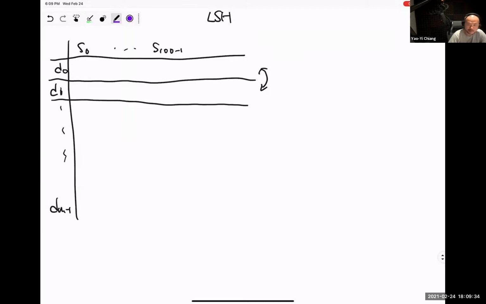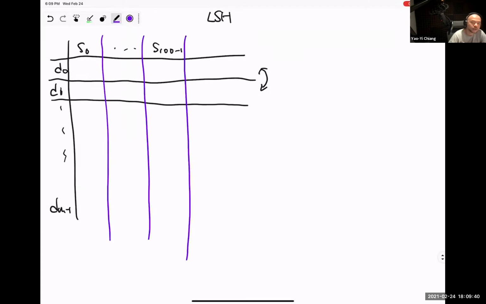We can start by splitting your signatures into multiple bands. I know this is different from the slides because your slides have a transposed matrix, but I think this way you understand how it will work. So in this case, let's say you now have 100 signatures, and let's say we have 4 bands.